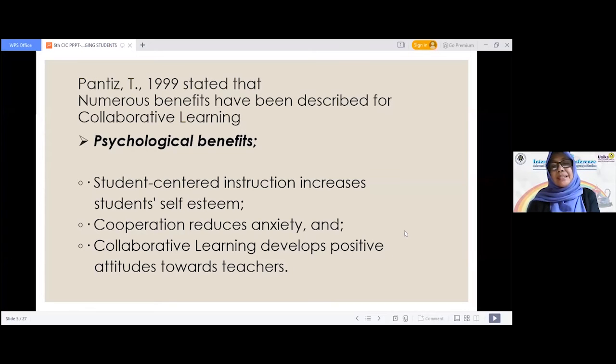Cooperation reduces anxiety, meaning that students do not work individually, but in a team. So the atmosphere helps a lot to reduce the anxiety. Collaborative learning develops positive attitude toward teachers.